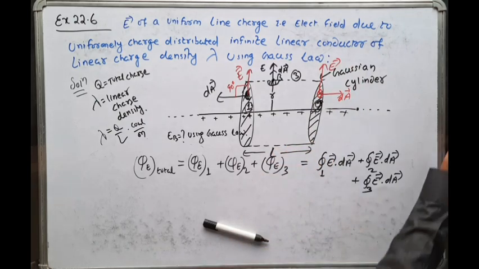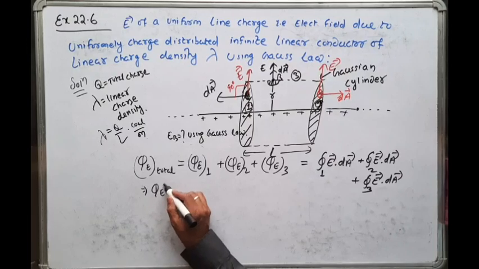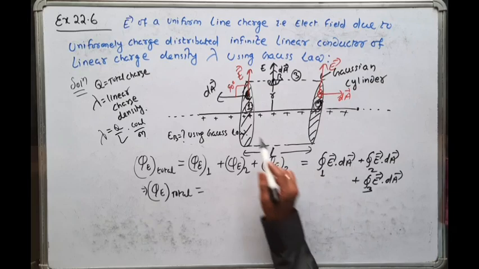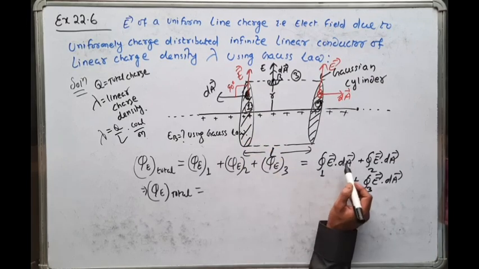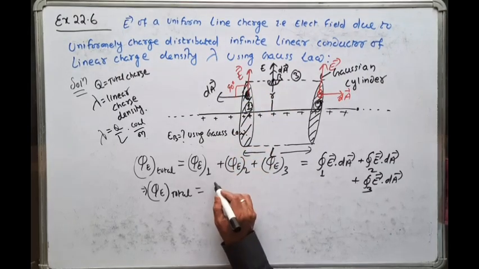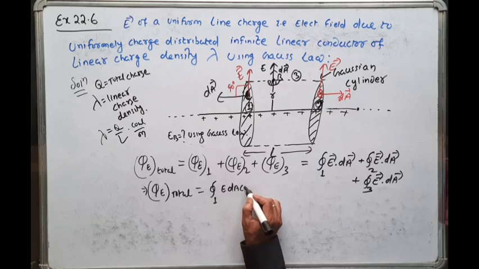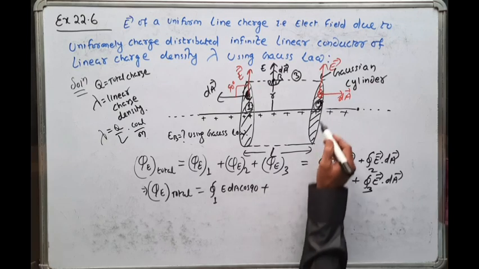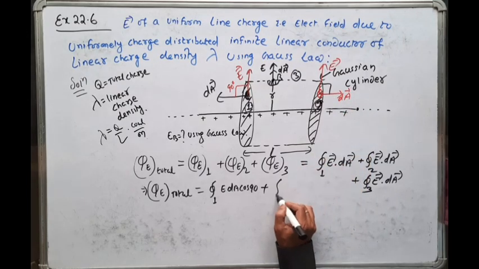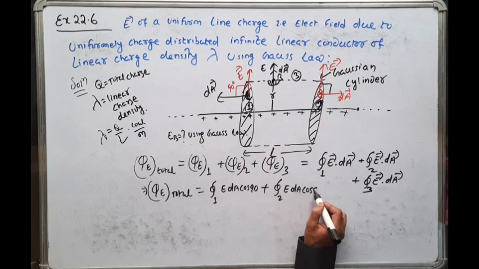Okay. So now we have to calculate the total flux. In the first surface, E dot dA: E is in this direction, dA is in this direction. So for the first surface, it will be E dA cos 90. For the second surface also, the angle between E and the area vector is 90, so E dot dA is E dA cos 90.